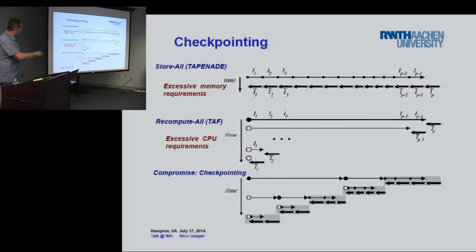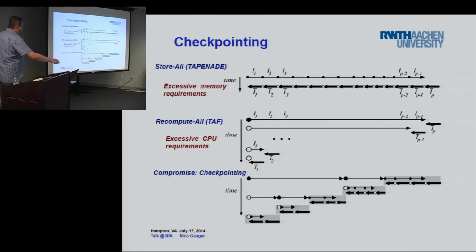And the checkpointing, therefore, I show these two extremes, is just an intelligent combination of these two extremes. You distribute so-called checkpoint sample points where you store your solution, and at the end, you store what you can afford to store or what you are willing to store.